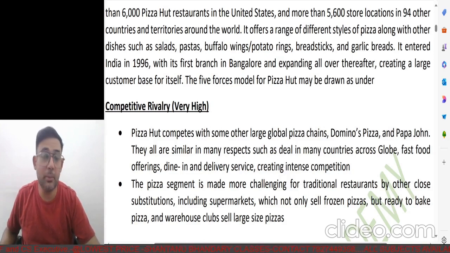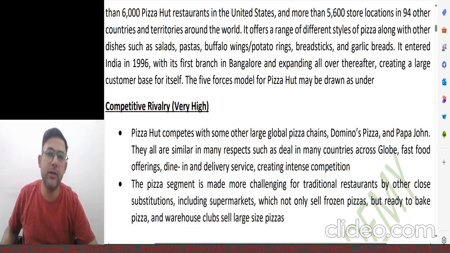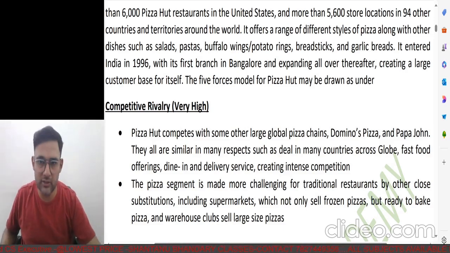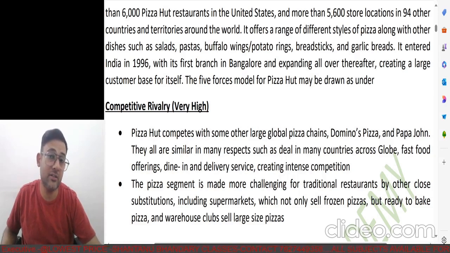But apart from that, in regard to brand competition, we have Pizza Hut, Domino's, Papa John's, and so many others. It's not a patented thing that only one individual or one company can make. Everybody does that, in a different way and a different style. So when we talk about competitive rivalry, it's said in the very first point that it's too high.